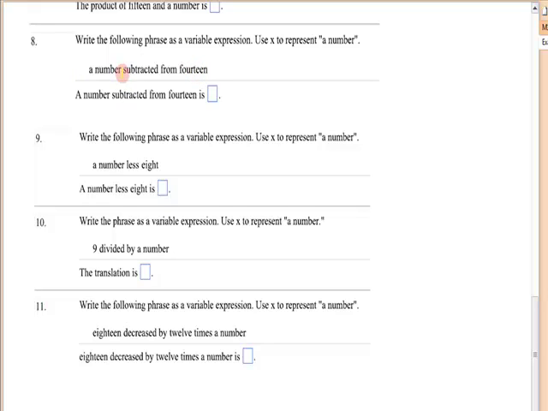I'm going to keep trying to emphasize this. Subtracted from means subtraction, but it's a reversing phrase. So the 14 will go first, and a number x will get subtracted from it. Number 9, a number less 8. Less means subtract. It's not a reversing phrase, so it is x minus 8.